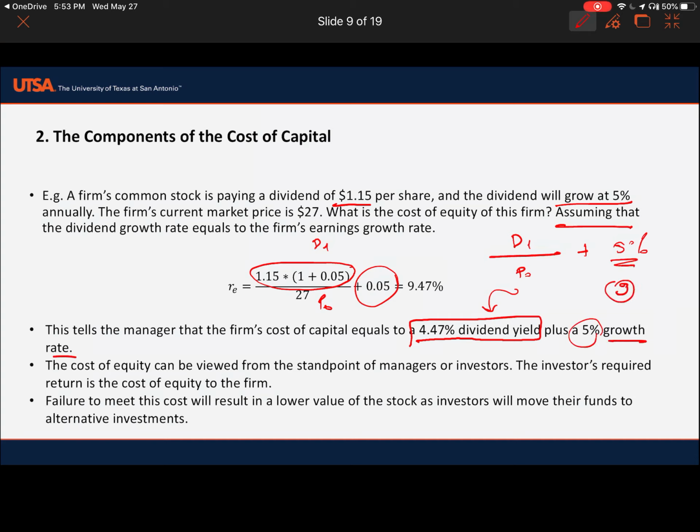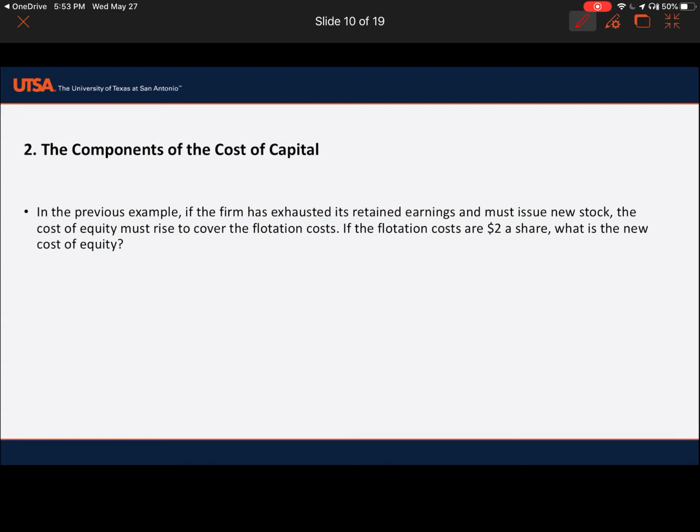The cost of equity can be viewed from the standpoint of the managers or investors. The investors' required return is the cost of equity to the firm. Failure to meet the cost will result in a lower value of the stock, as the investors will move their funds to alternative investments.